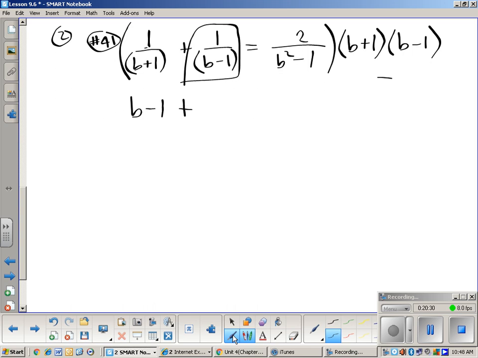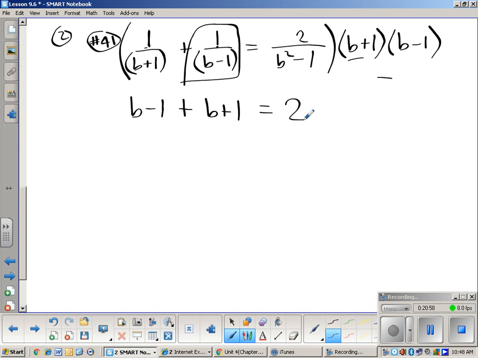B minus 1, leaving me with b plus 1 times 1, which is b plus 1. Equals, what's going to cancel in the last one? All of it, b plus 1, b minus 1, leaving me with a 2, the number that's on top. And remember, if everything did cancel, it would be a 1, right? If you divide 6 by 6, you get 1.